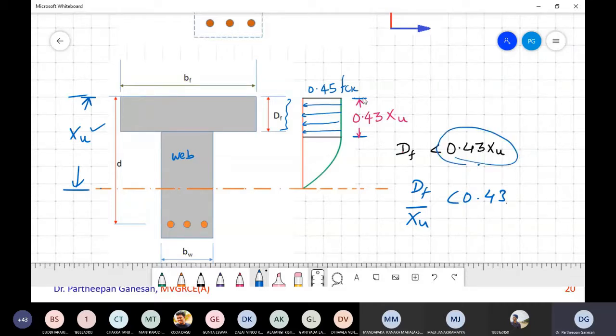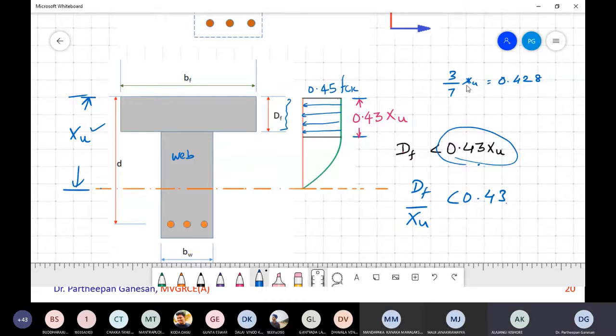Now in this, what is this 0.43 Xu? Remember our compression stress block, we said that the rectangular block is 3/7 Xu, right? What is the value of 3/7? You calculate and tell me. 0.42, next digit 8, next 4 to 8, so 0.428.